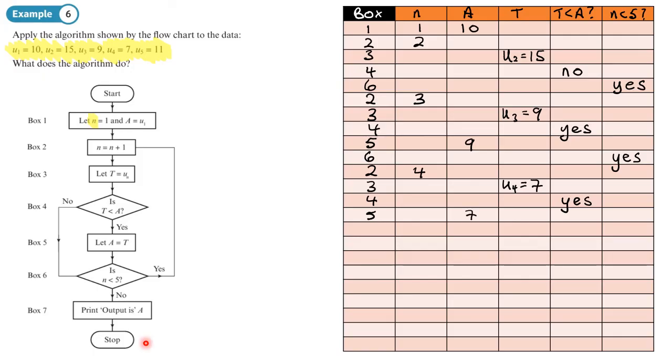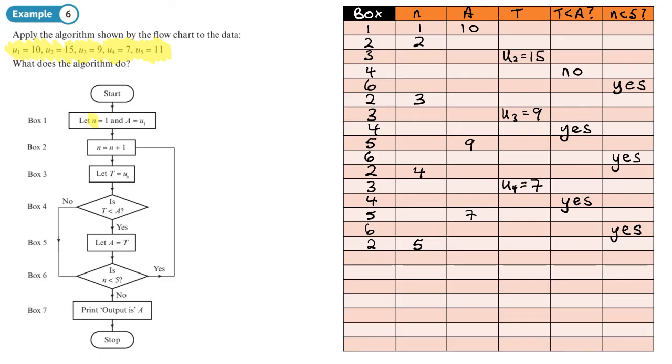Okay, now box number 6, another decision to be made. Is n less than 5? The answer to that is yes, it's still less than 5, it's 4 at the moment. So since the answer is yes, we go back, increase n by 1, so box number 2, n is now 5, so we might be coming to the end.